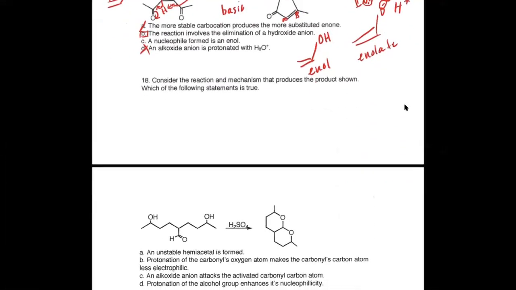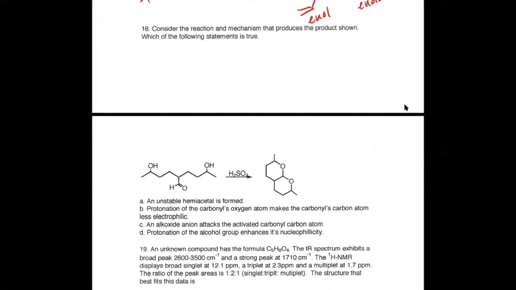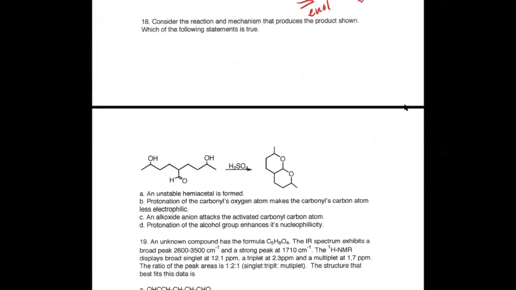Okay. So now it says, consider the reaction mechanism that produces the product shown. Which of the following statements is true? All right, so when we're comparing between these two, we see hydroxy groups, we see an aldehyde, we see sulfuric acid.